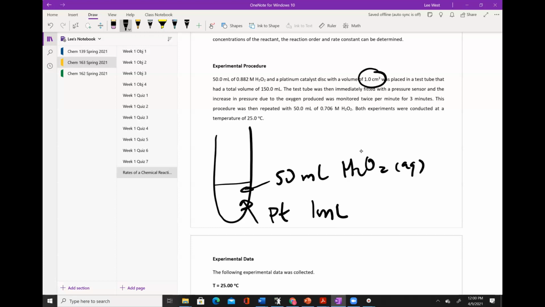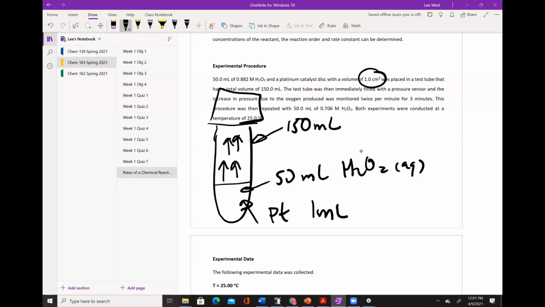That's all going to go inside a test tube that has a total volume of 150 mL. Then I'm going to connect to that a pressure sensor, which is going to monitor the increase in pressure as oxygen is produced. The oxygen is going to be produced and fill up the space above the aqueous solution of hydrogen peroxide and the platinum disc.